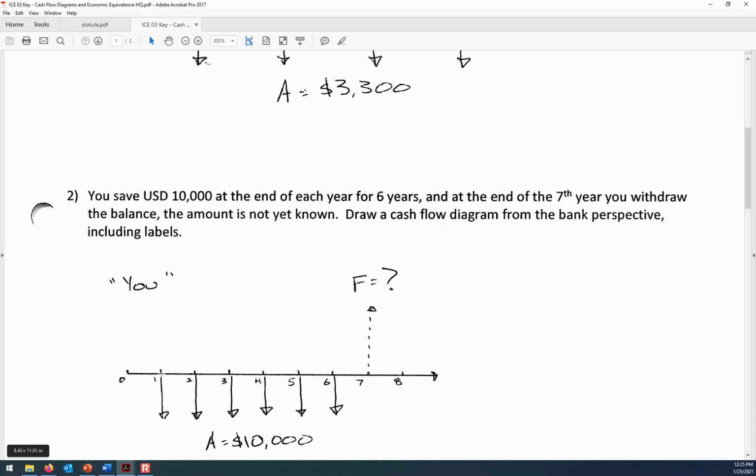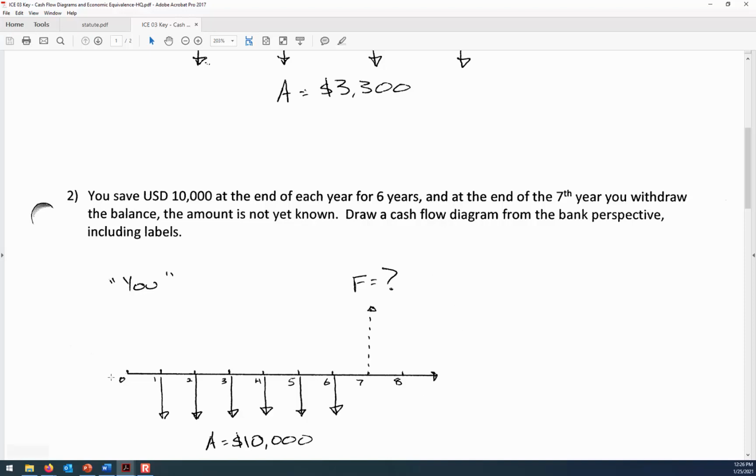So this tick mark is the end of the first year and the beginning of the 2nd year, because period 2 goes from 1 to 2. So here's the beginning of the 2nd year, the end of the 2nd year. Sometimes it can be a little bit tricky because one point of time is both the beginning of one period and the end of the previous period.